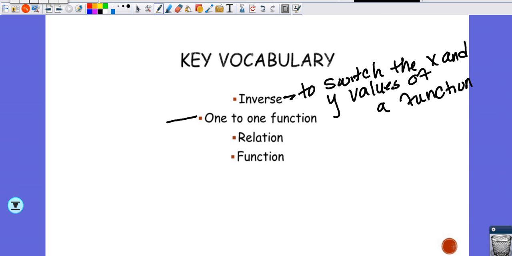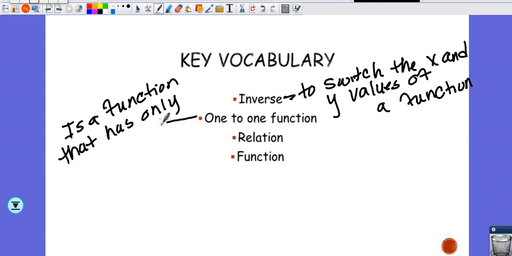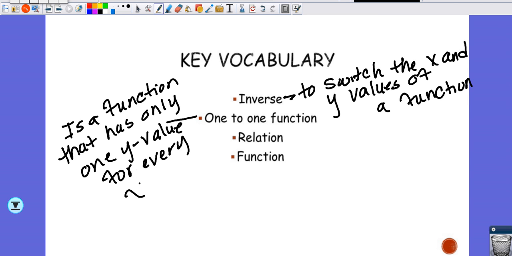And a one-to-one function is a function that has only one y value for every x value. And let me give you an example.